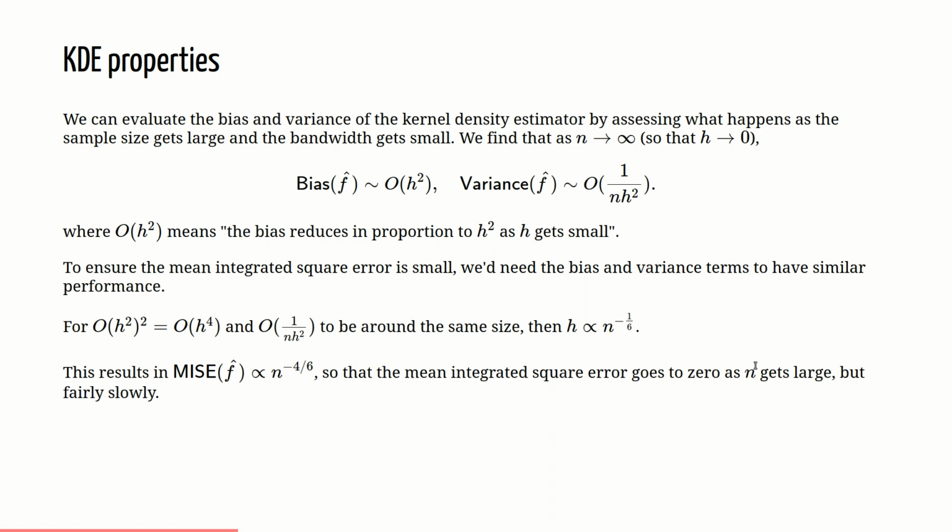It's not as if, by doubling n, we get twice as good. Instead, by doubling n, we only go sort of 2 to the minus 4 over 6, which is not half, right? It's something worse than half. So it's perhaps we only do 2/3 as good or something. Okay. Compare that to, for example, the sample mean.